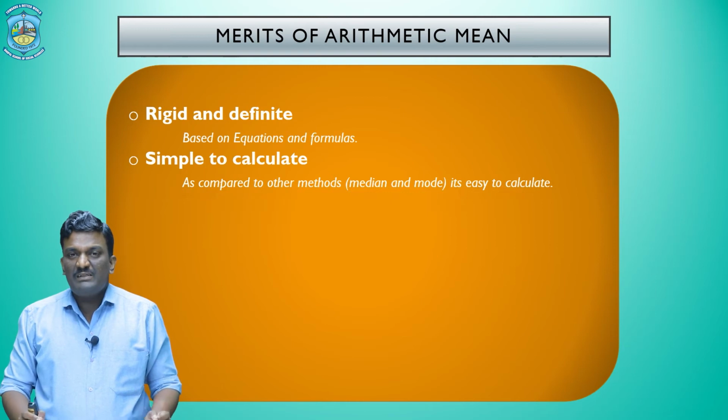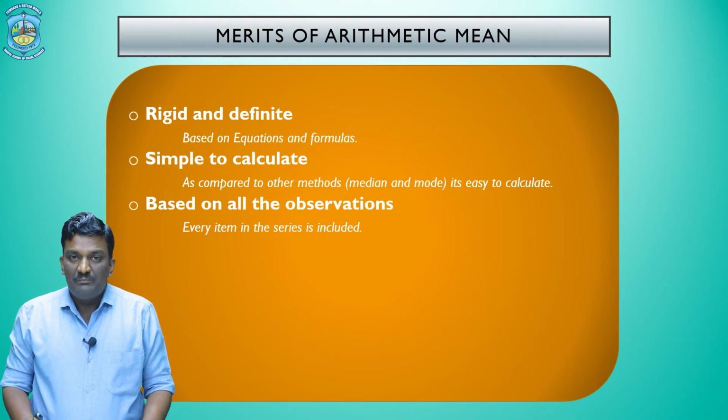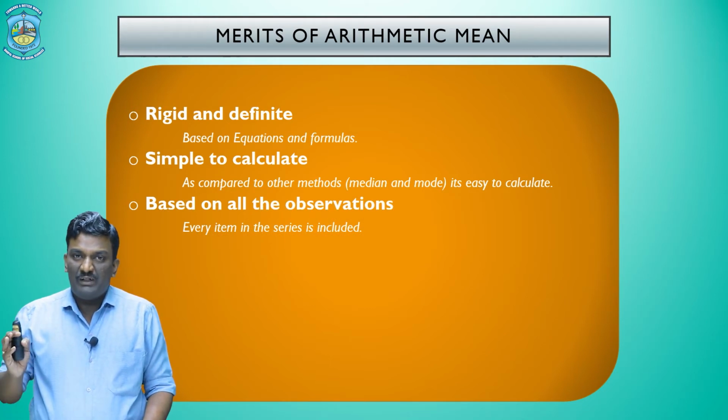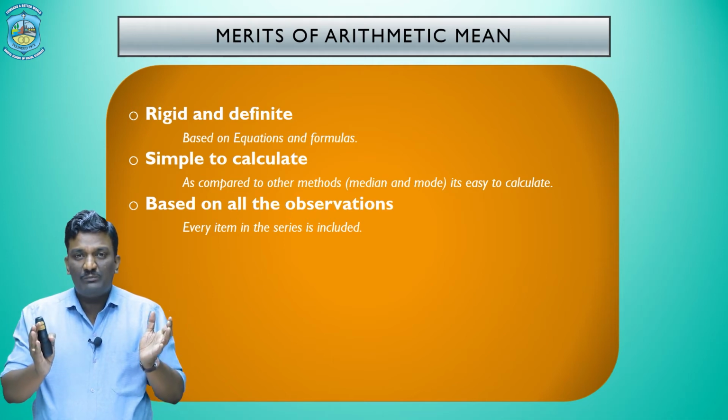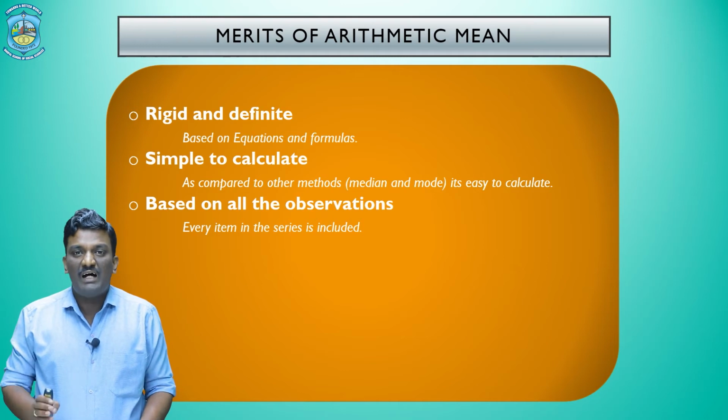Next, in comparison to median and mode, arithmetic mean is easy to calculate with fewer steps and easy equations. Arithmetic mean is considered to be the best way of analyzing, as it considers all the observations equally and gives weightage to each and every item of it.